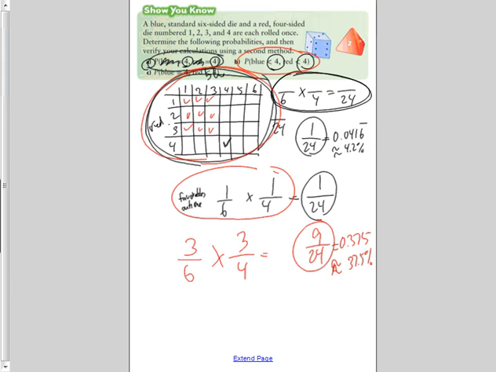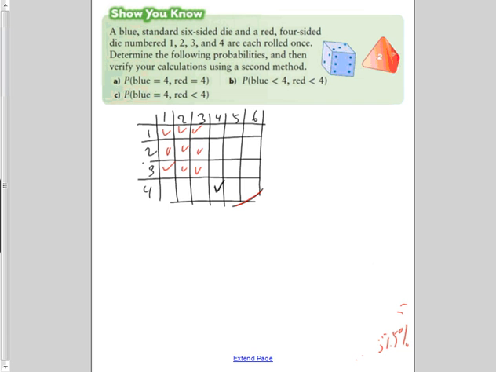The last one says, what's the probability of blue equaling 4 and red being less than 4? So this is the blue up here. Blue has to equal 4, but red has to be less than 4.